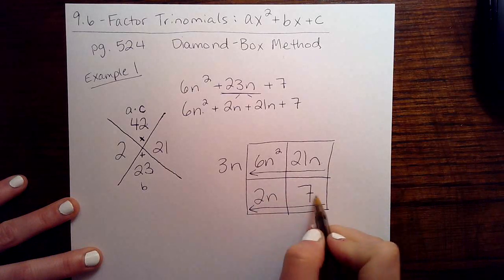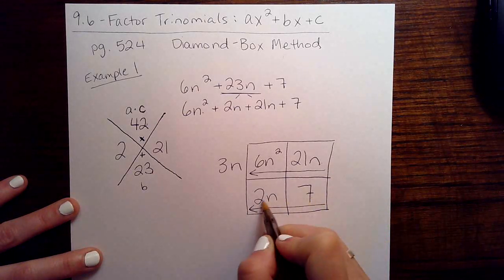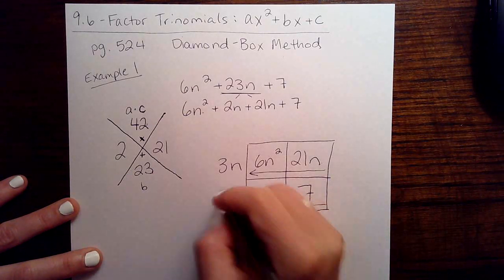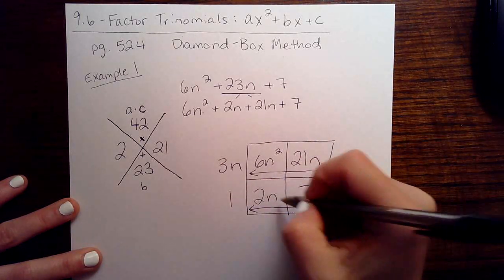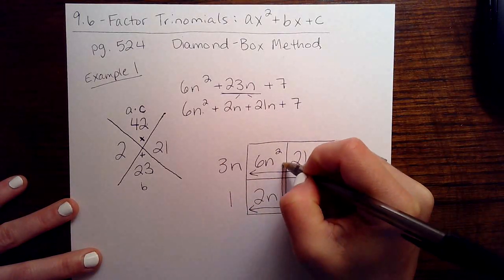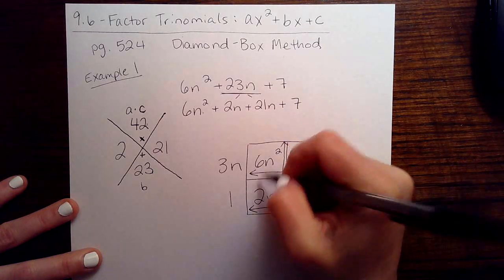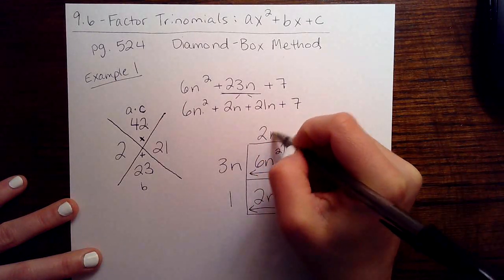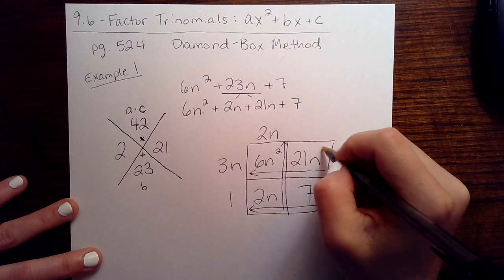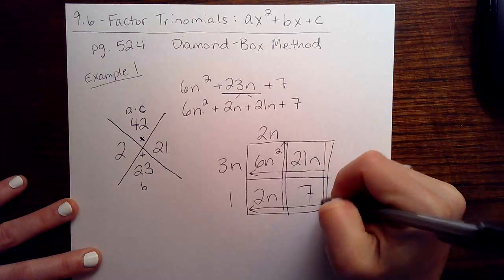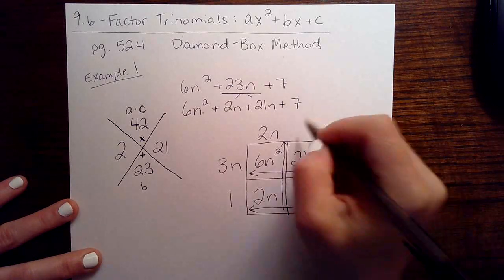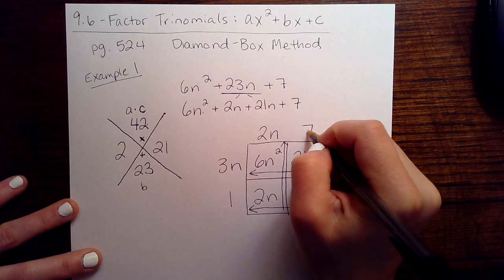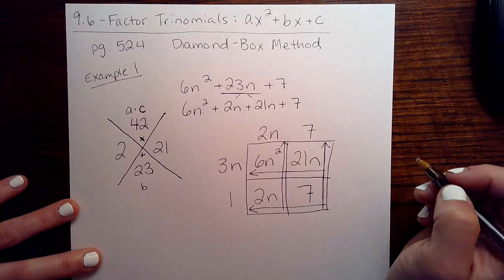The second row, 2n and 7 only have a 1 in common. Now let's look at their columns. 6n squared and 2n both have 2n as factors in common. And our second column here, 21n and 7, have 7 in common.